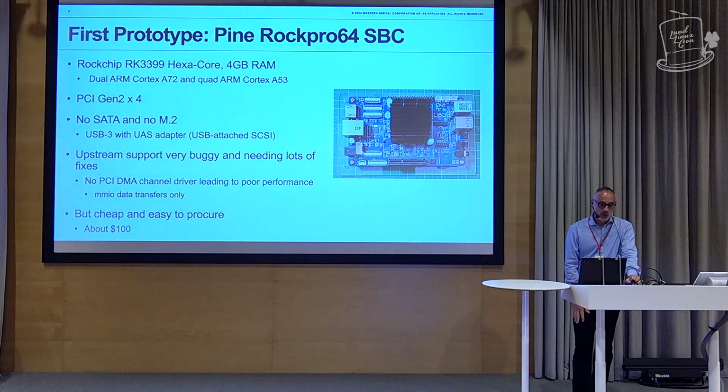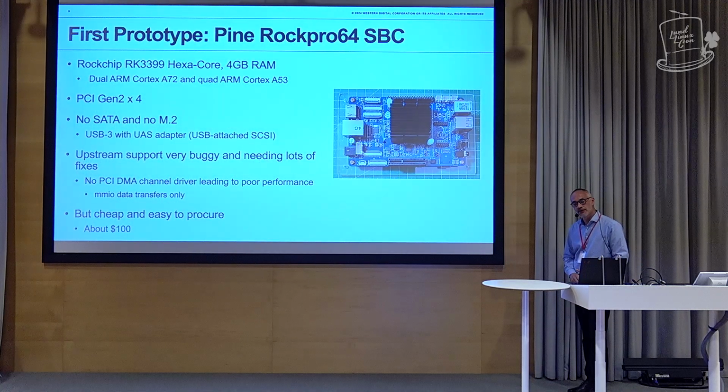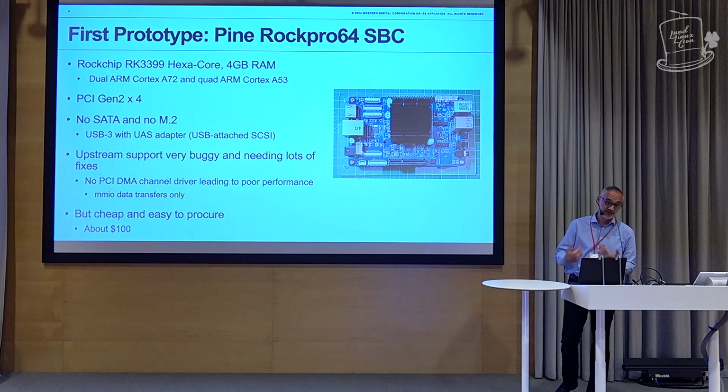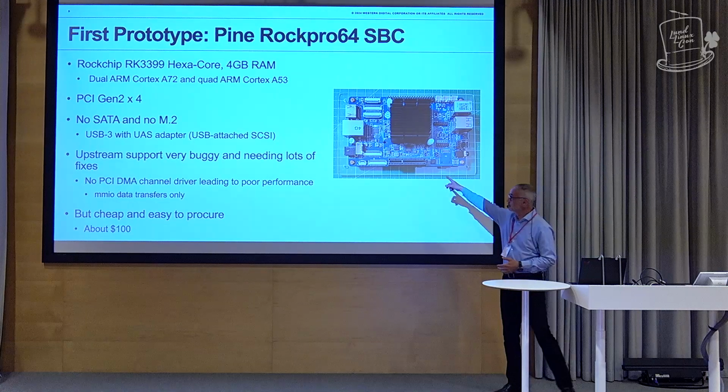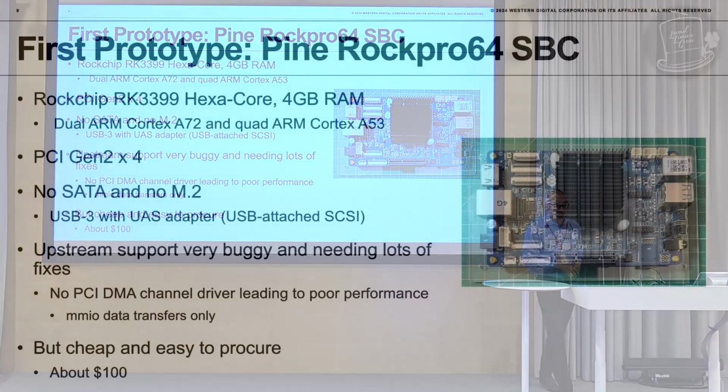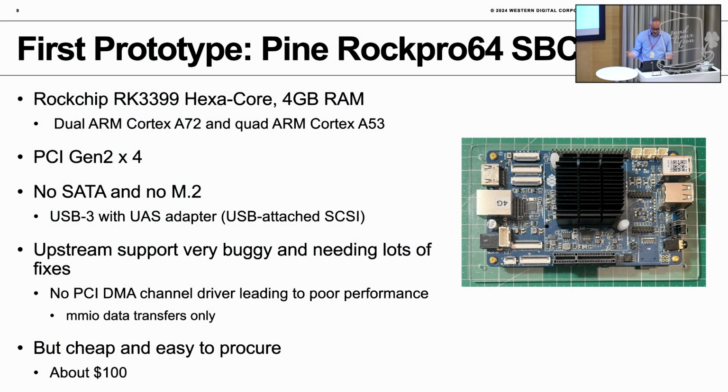So we went first with the easiest to get that had the best Linux support, but not really the best hardware, which is the Pine ROC Pro 64. You can see the PCI slot here that you can normally use to plug any PCI device and use with the board, but if you switch the PCI controller to endpoint mode, the entire board becomes an endpoint.